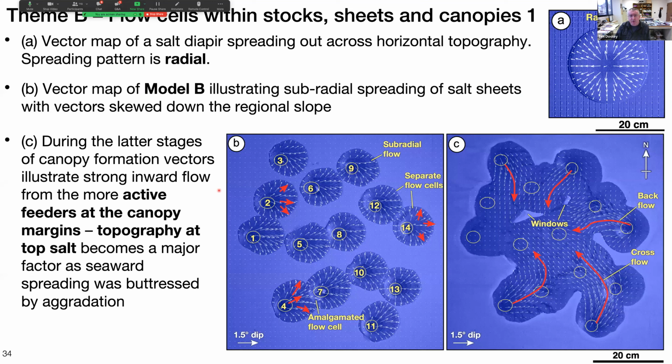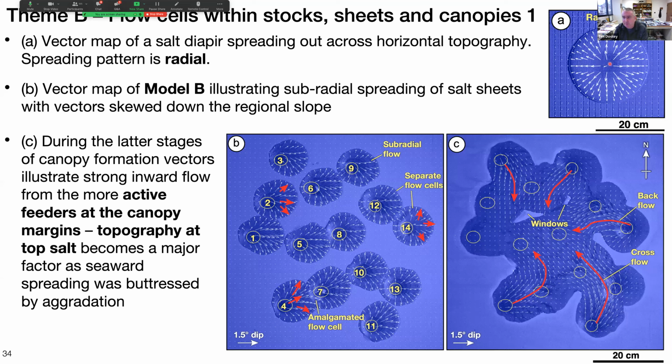So now let's talk about flow cells. If we have a salt sheet that spreads out over a flat, then often what you see is pure radial spreading, as you see here.